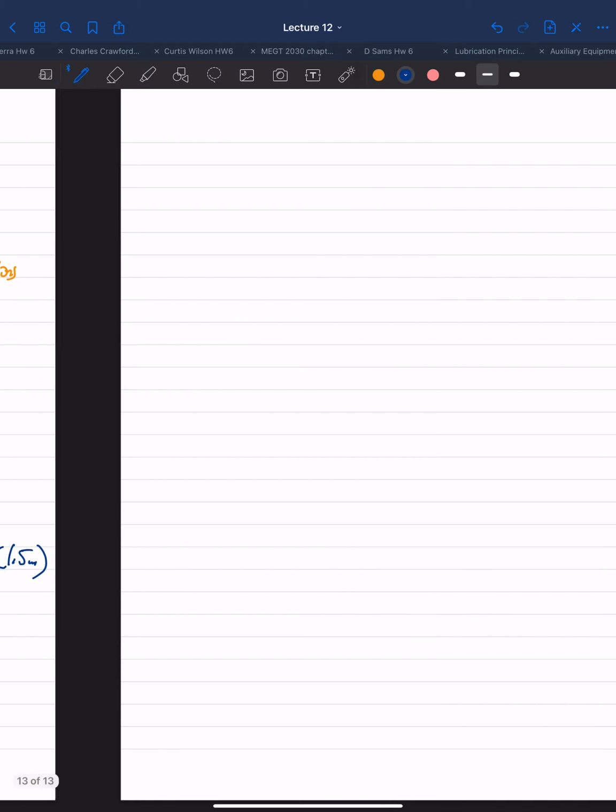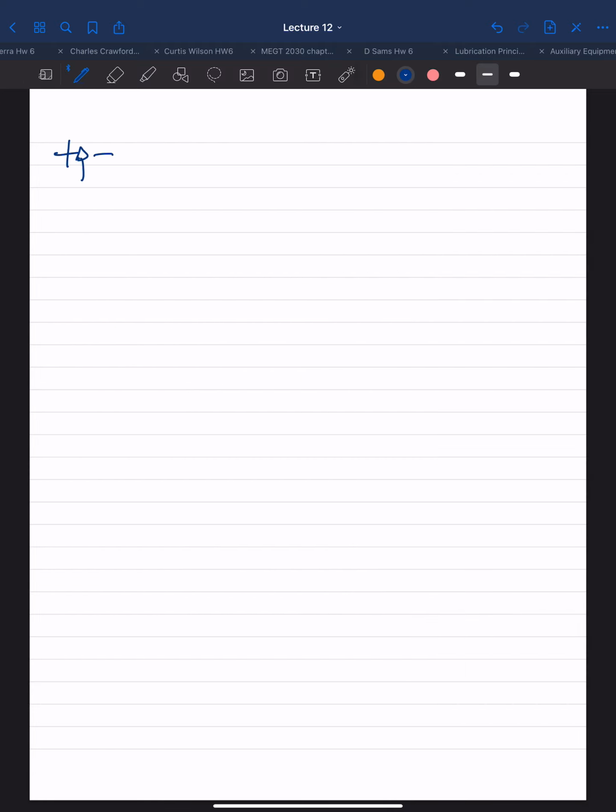Last but not least, we do sum of our forces in the y direction. You have your AY, which is 32.5 kilonewtons. Plus your FHI, which we said was 42.5 kilonewtons.